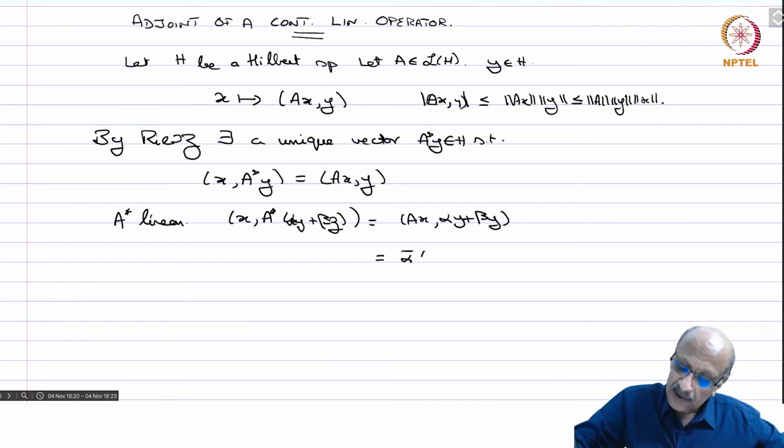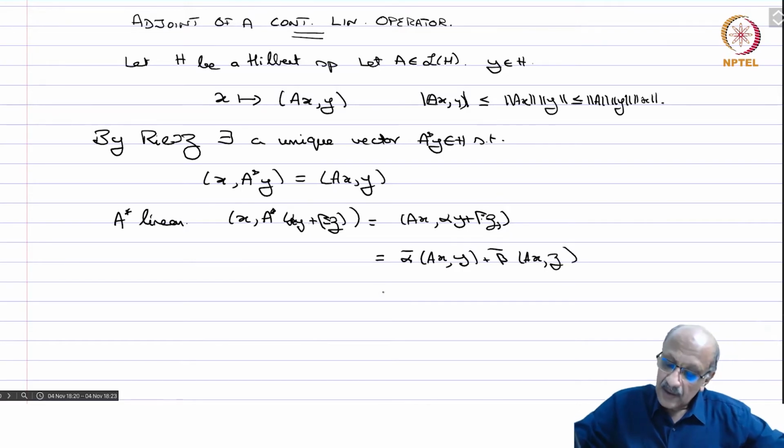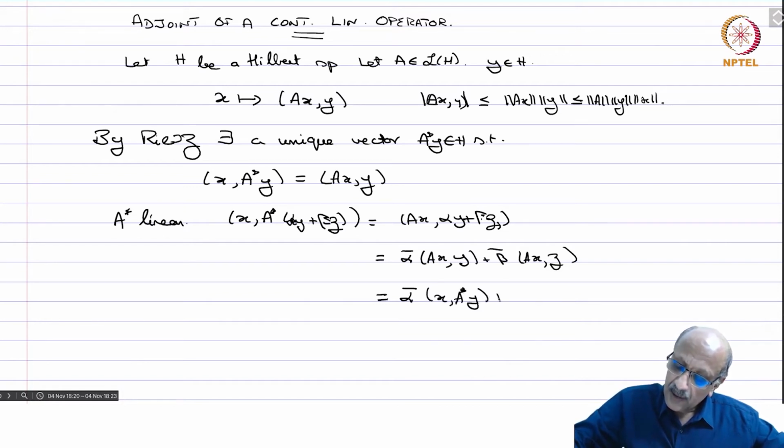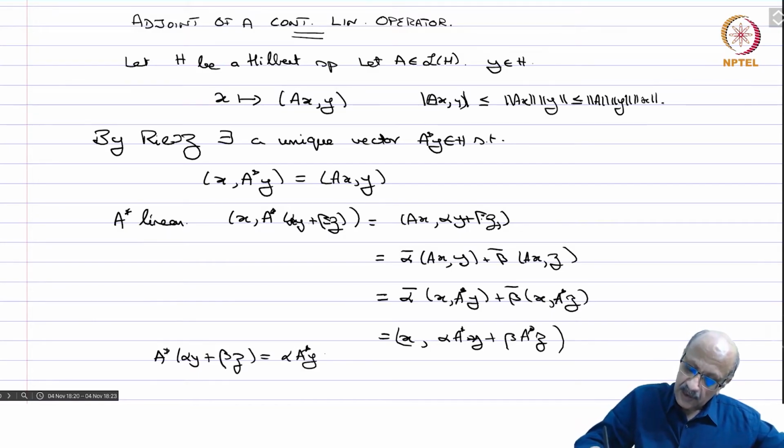That's equal to alpha bar (Ax, y) plus beta bar (Ax, z), which by definition is alpha bar (x, A star y) plus beta bar (x, A star z), and that's equal to x acting on alpha A star y plus beta A star z, and therefore A star of alpha y plus beta z is nothing but alpha A star y plus beta A star z. So this is a linear map.